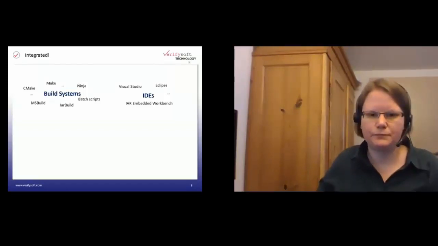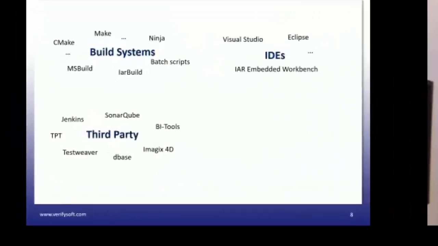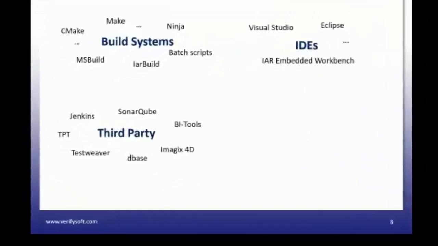The next question, if you're using other tools from third-party, dashboard tools like SonarQube, for example, or an automation of your build process with Jenkins, or we have partner companies with TPT, for example, or former Qtronic with a Testweaver, and in several tools, these are only examples. CTC++ is integrated.